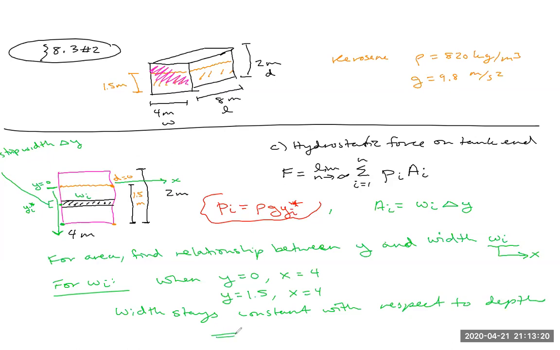So your w_i is going to be 4, which means your area of the ith strip will be 4 times delta y. Let me save this and clear it. Almost there with this problem, y'all.